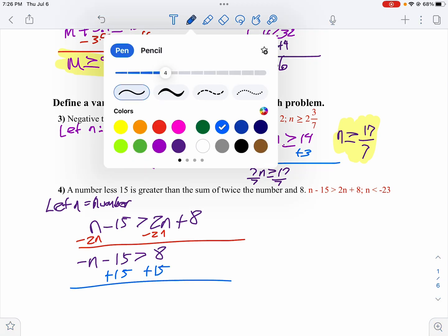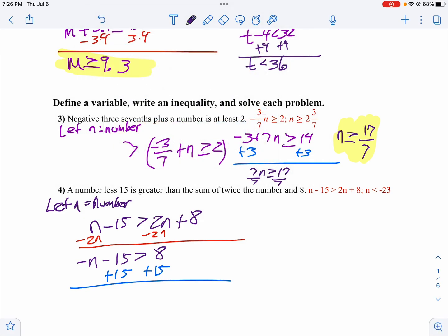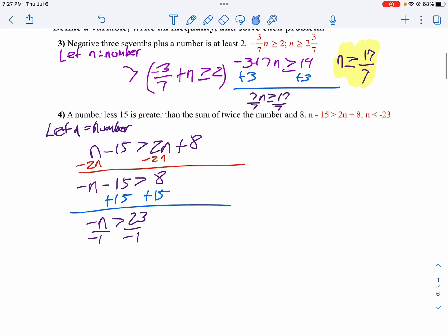So then we'll get negative n is greater than 23. Get rid of that negative by dividing by a negative 1. Remember, when you divide by a negative, you flip the inequality. So we get n is less than negative 23.